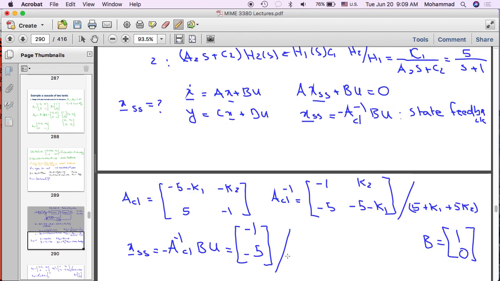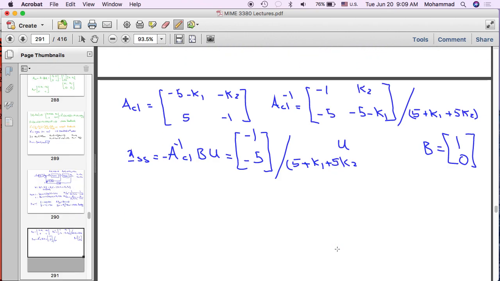So it is divided by 5 plus K1 plus 5K2. And this needs to be multiplied by the input. So let's assume the input is 1.